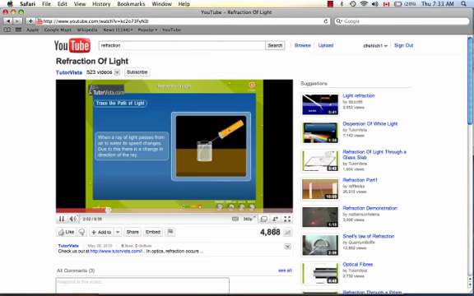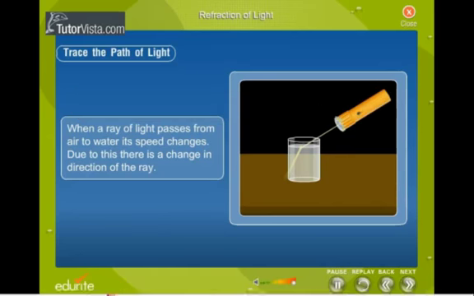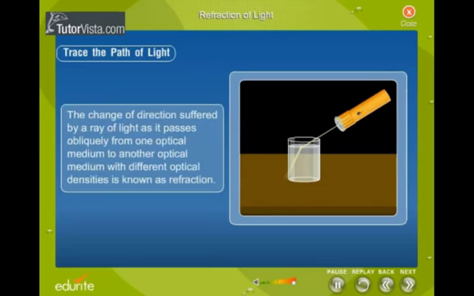It passes from air to water, its speed changes. Due to this, there is a change in direction of the ray. This change of direction suffered by a ray of light as it passes obliquely from one optical medium to another optical medium with different optical densities is known as refraction.